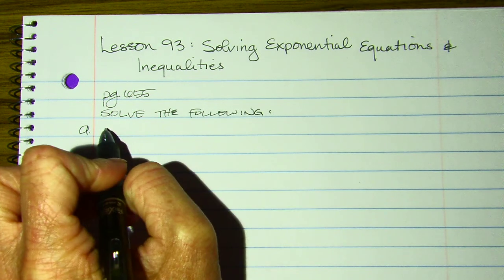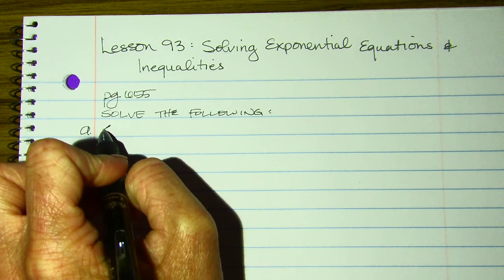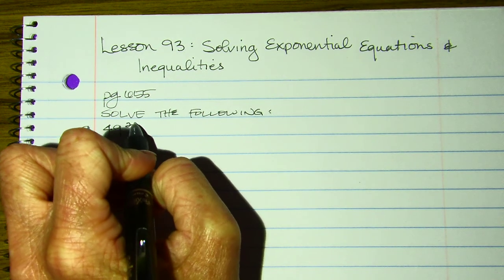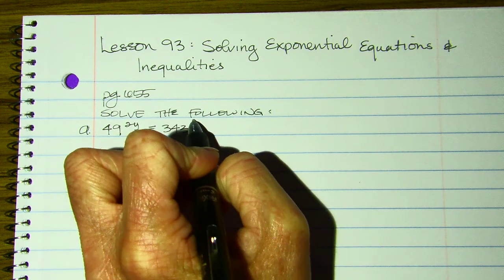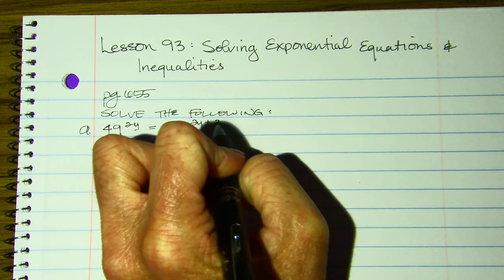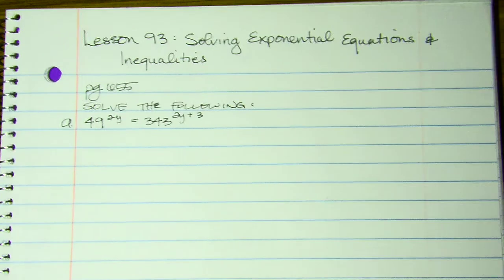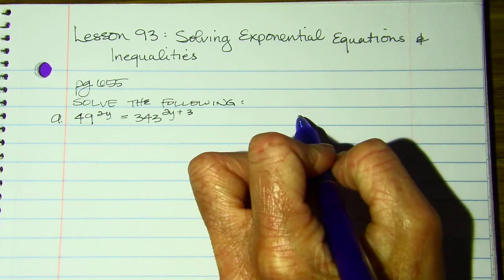In part A, this is on page 655, I have 49 to the 2y equals 343 to the 2y plus 3. So we're going to do this in steps. I'll write it on the right-hand side.